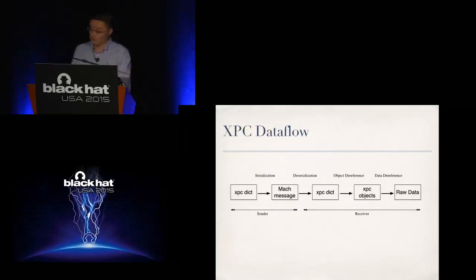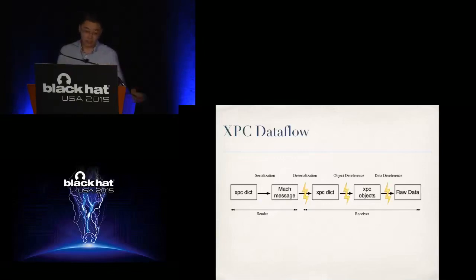Given the dictionary, you extract the XPC objects. And for each XPC object, you can further retrieve the raw data, the value, and process the value. So we believe all these three steps, the deserialization, object dereference, and data dereference, could be attacked.